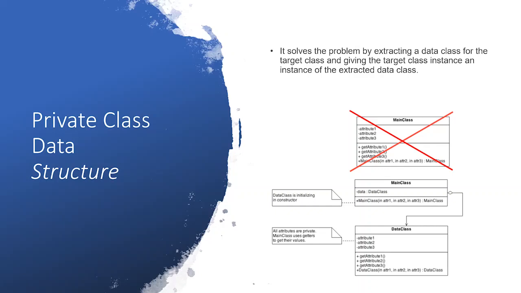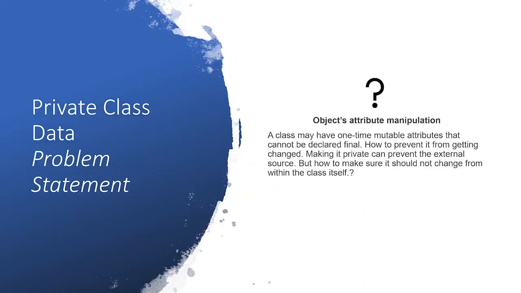No. Let's understand the scenario again, where we want to use this. If I go back to the problem statement here, suppose you need to create a variable and change the variable's value only once. So what you can do is pass the variable via its setter or constructor, and set the value one time. That is fine.